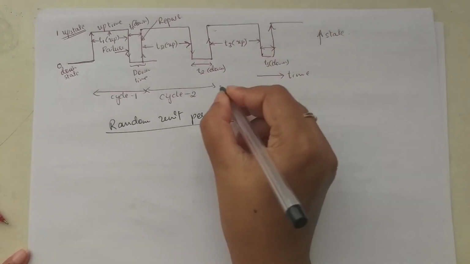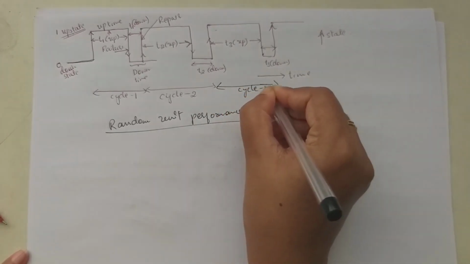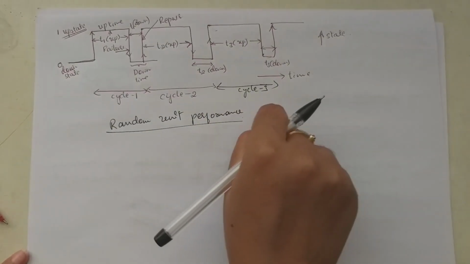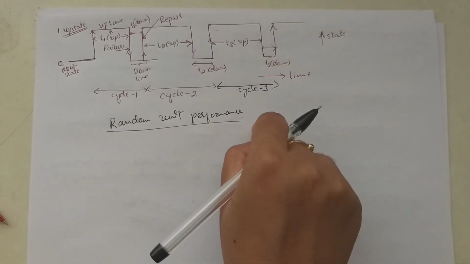This is cycle 3. Cycle 1, cycle 2, cycle 3. So we need to follow Patton's analytical approach.